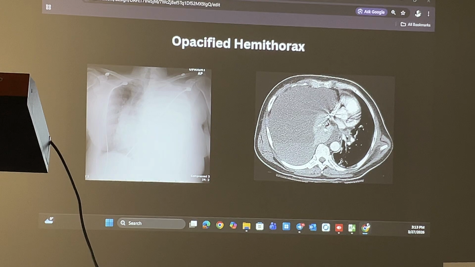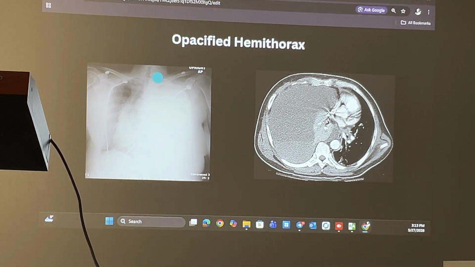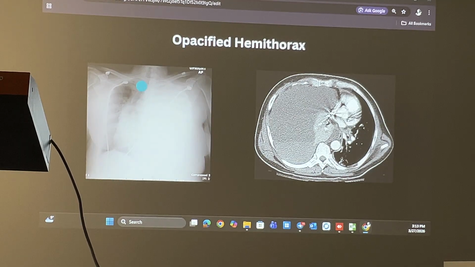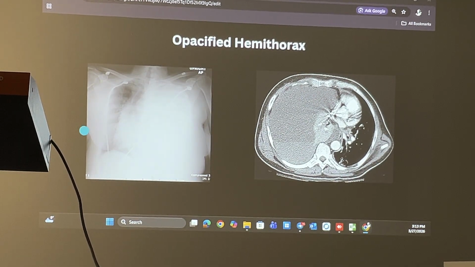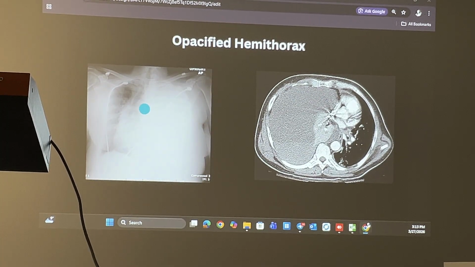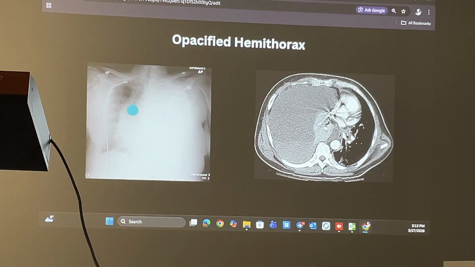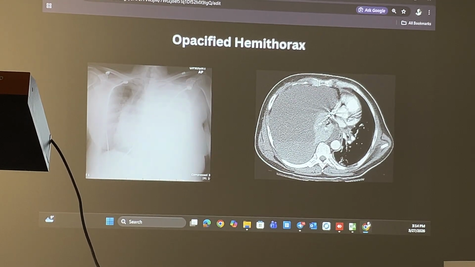So here, the mediastinal structures, such as the bronchus and the heart, are shifted contralaterally. It means this is fluid and not atelectasis. If the mediastinum is shifted toward the affected side, that would be atelectasis.